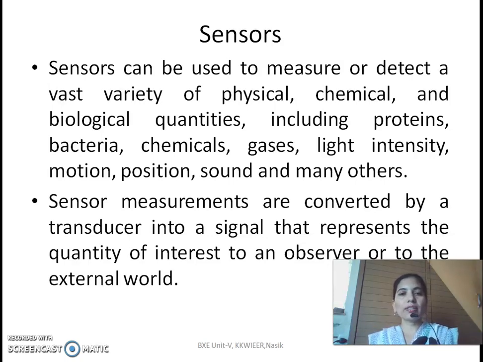So these are all different physical phenomena which a sensor can capture, measure, or detect. And these sensor measurements are then converted by a transducer into a signal that represents the quantity of our interest, and then this signal is presented to the external world.